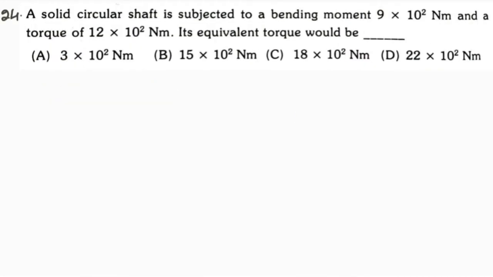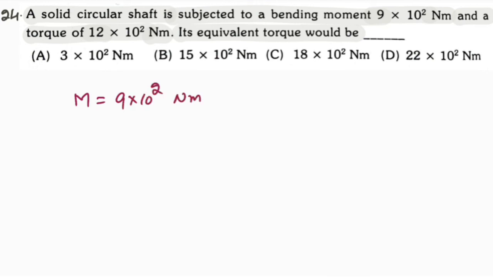Look at the 24th problem. A solid circular shaft is subjected to a bending moment 9 into 10 power 2 Newton meter and a torque 12 into 10 power 2 Newton meter. Its equivalent torque, given like this. Bending moment M is given 9 into 10 power 2 Newton meter.